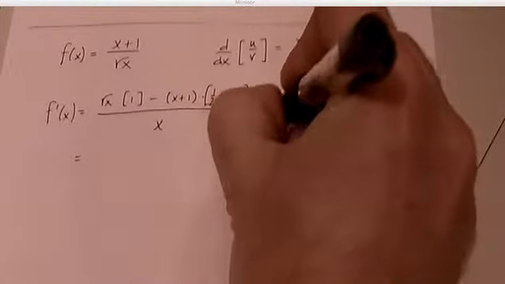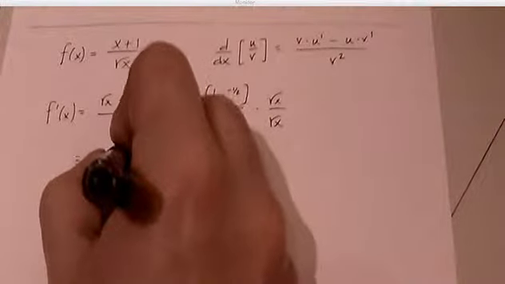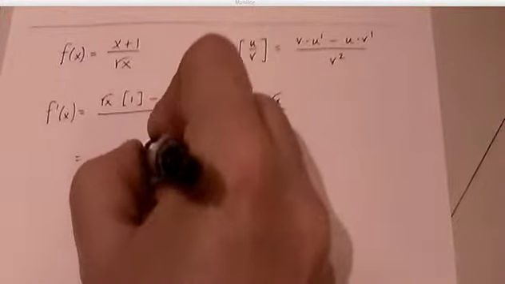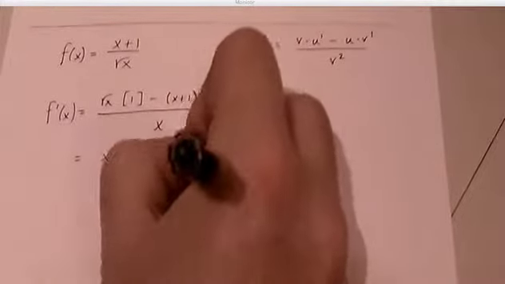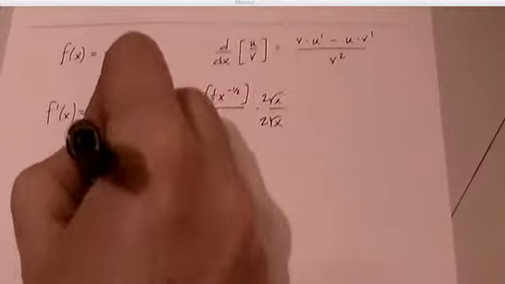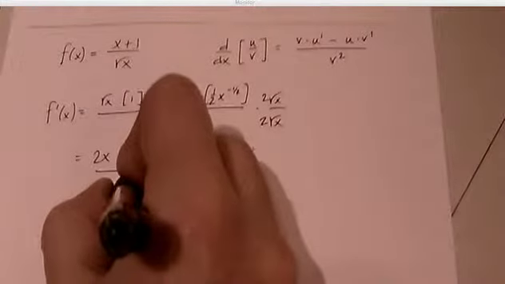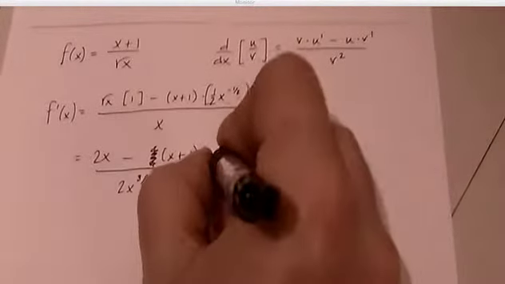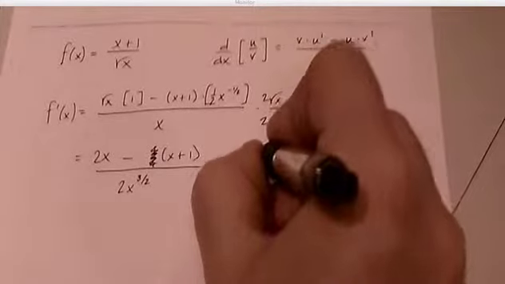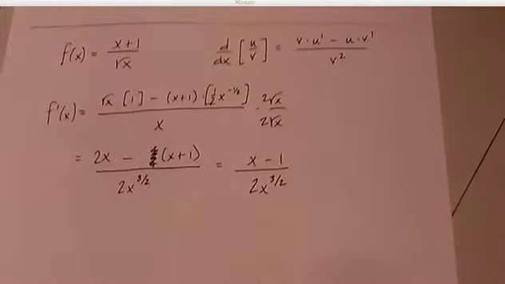We'll multiply through by root x over root x, and we get x minus 1/2 times x plus 1. Actually, let's multiply by 2, and that gets rid of the 1/2. And we have x minus 1 over 2x to the 3/2.